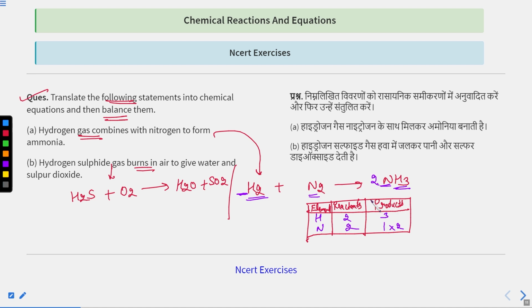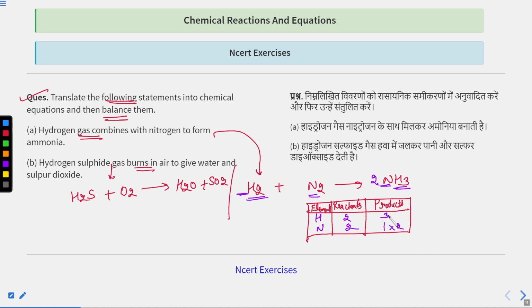For balancing nitrogen atoms, we put a coefficient 2 in front of ammonia. So the number of hydrogen atoms has also changed in the product side.